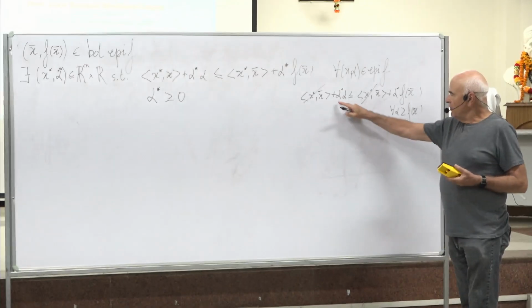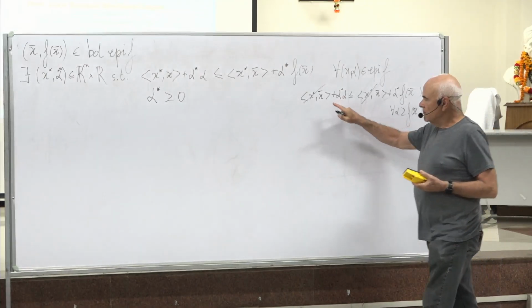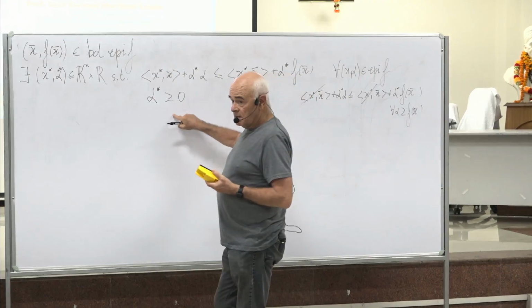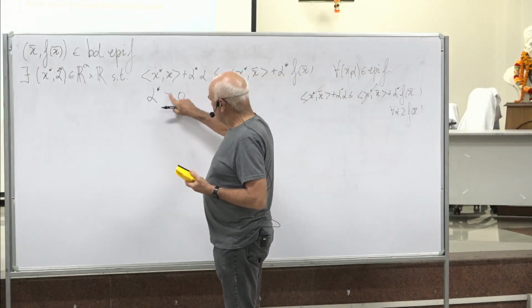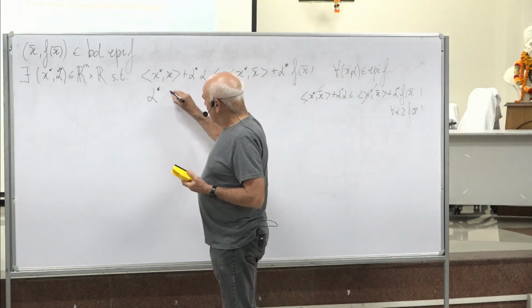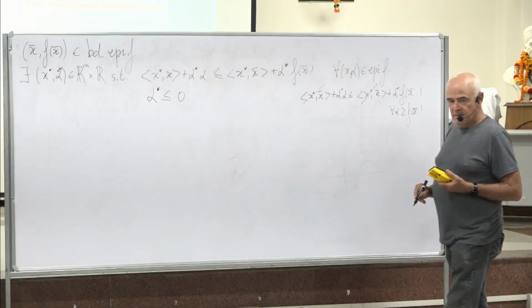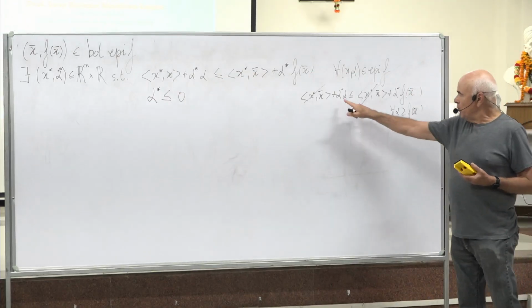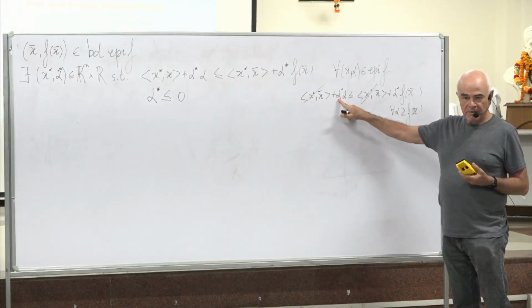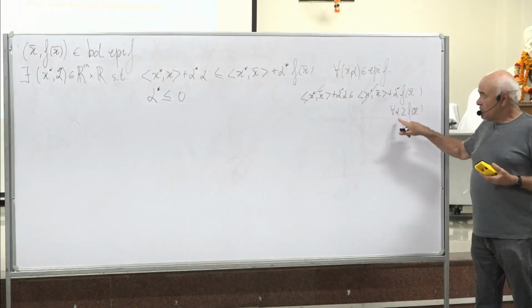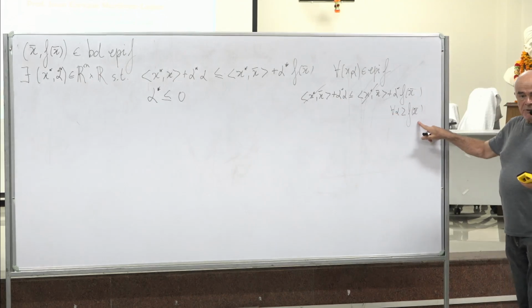So if alpha, I said alpha cannot be negative, I meant alpha star cannot be positive. Okay? Suppose alpha star is positive. But this holds for every alpha large enough.